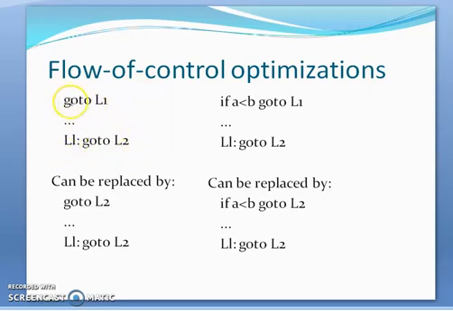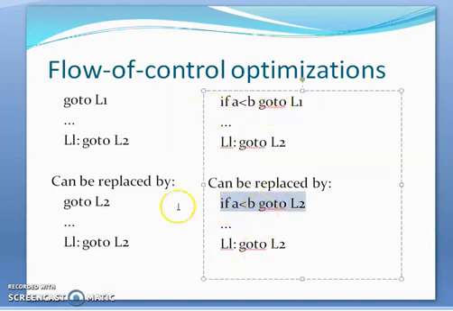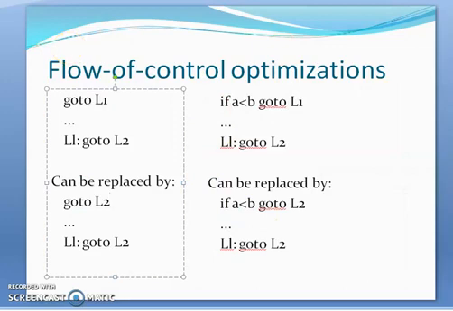So this statement can be replaced by go to L2 directly, which is not necessary otherwise. Another example: if A less than B, go to L1, and L1 goes to L2. So what you can do is, if A less than B, go directly to L2. So you can optimize the code by flow of control optimization.